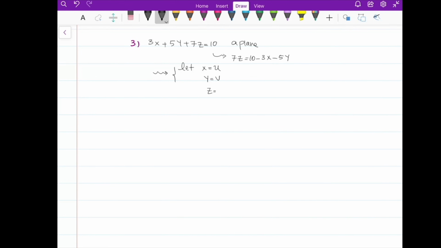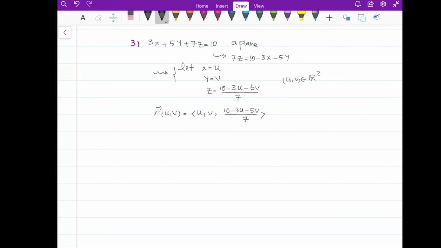So z would be 10 minus 3u minus 5v divided by 7, where u and v are both in R2, because it's just the plane. So the parameterization that I introduced in here would be u, v, and 10 minus 3u minus 5v divided by 7.